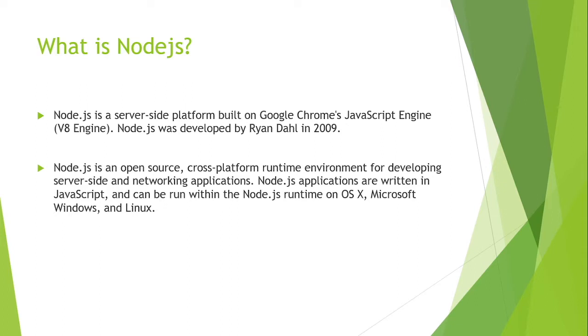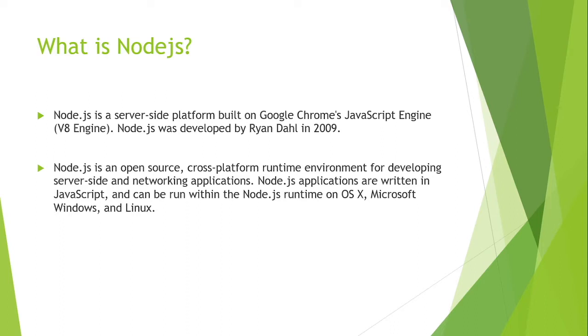Node.js is also an open source and cross-platform runtime environment, and we can write server-side applications there, and also networking applications which perform API calls and all. Node.js applications are written in JavaScript, as I've already told you, and can be run within the Node.js runtime on OS X, Microsoft Windows, or any machine, you can say.